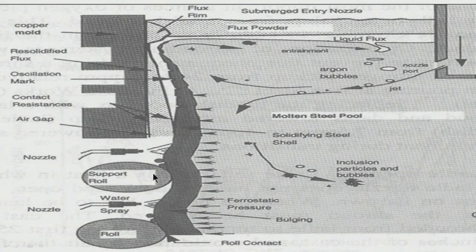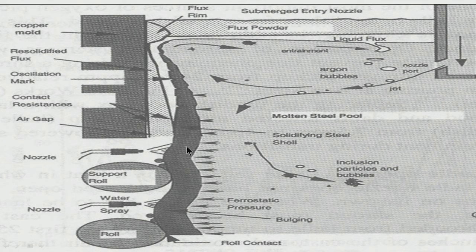But additionally there has to be some support rolls. Otherwise what is going to happen? This shell here, the thickness is not much. So, there is always a chance that the ferrostatic pressure will try to push the shell, because there is no support now. Inside the mold there was some support. When you are coming out of the mold, below the mold, there has to be some support rolls which will act as a support to the thin solid shell. The solid shell is increasing in thickness.